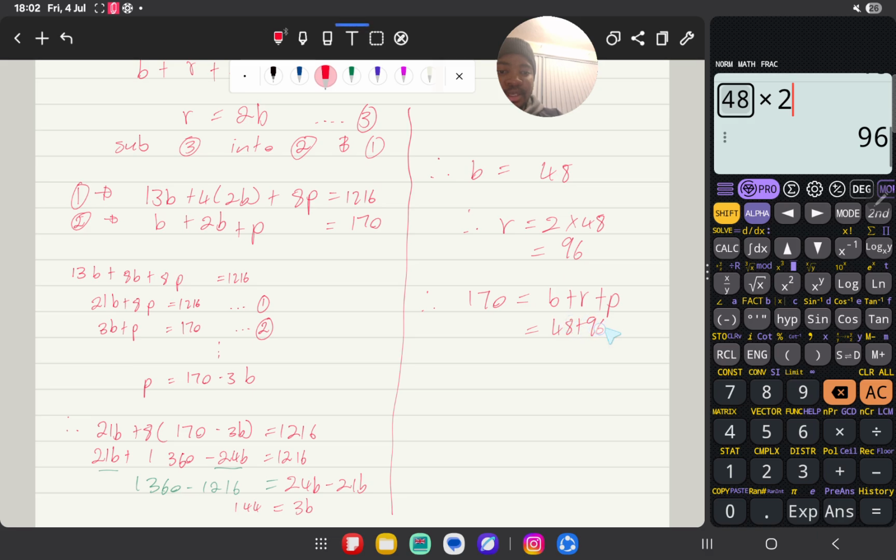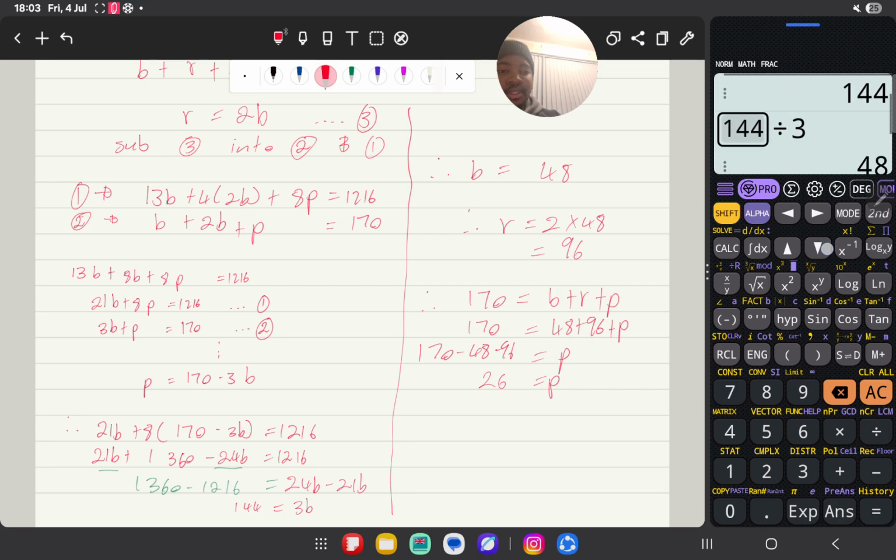Therefore 170 equals B plus R plus P, 48 plus 96 plus P. We are transposing: 170 minus 48 minus 96 equals P. P equals 170 minus 48 minus 96, which is 26.